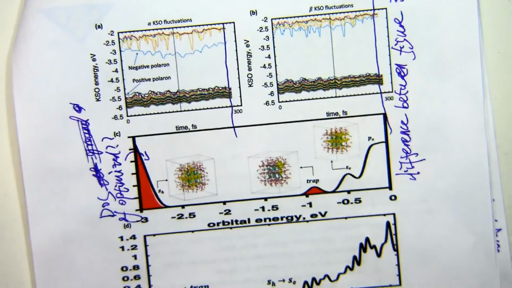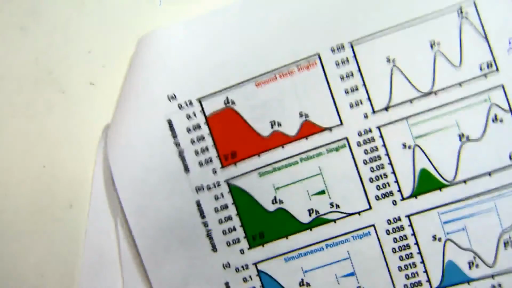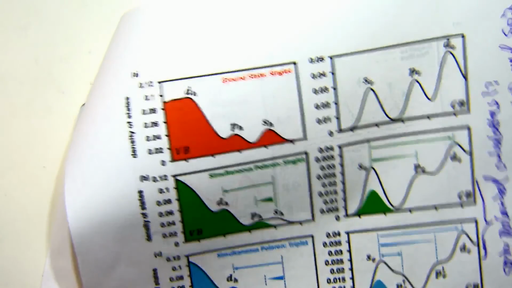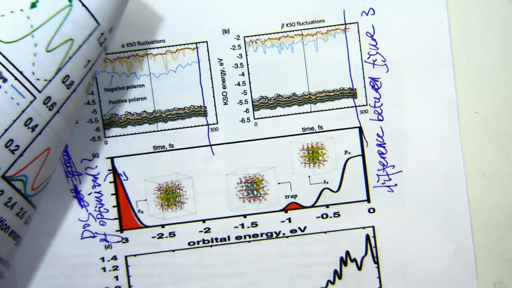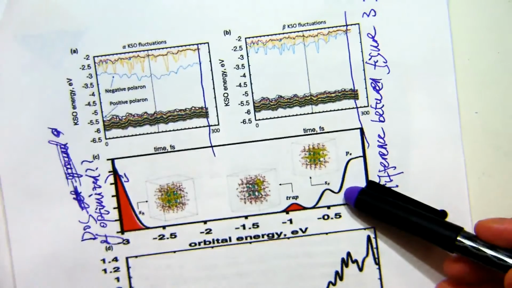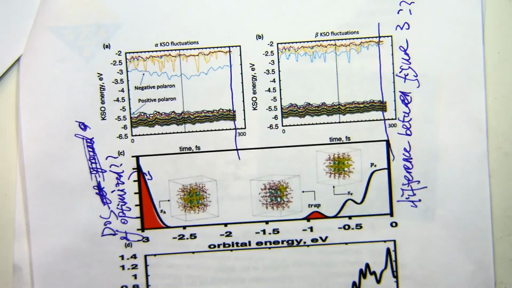Here the question is, what's the difference between this figure and the previous figure? So the previous ones are ground state optimized, so not including temperature. Whereas in those, you see the vertical dashed lines in panels A and B. That's the snapshot at this specific time.